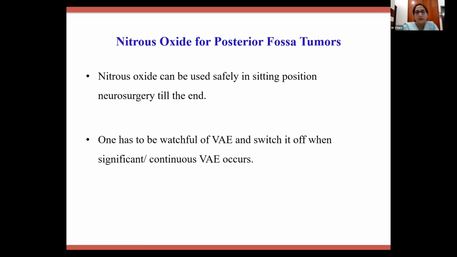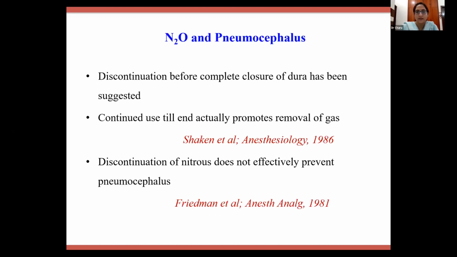Nitrous oxide for posterior fossa tumor can be used safely in the sitting position neurosurgery till the end. There are 2 concerns, the development of VAE and the pneumocephalus. But for the VAE, nitrous oxide has not been implicated to increase the morbidity. But one has to be watchful, and if venous air embolism occurs, we have to switch it off as soon as it occurs.